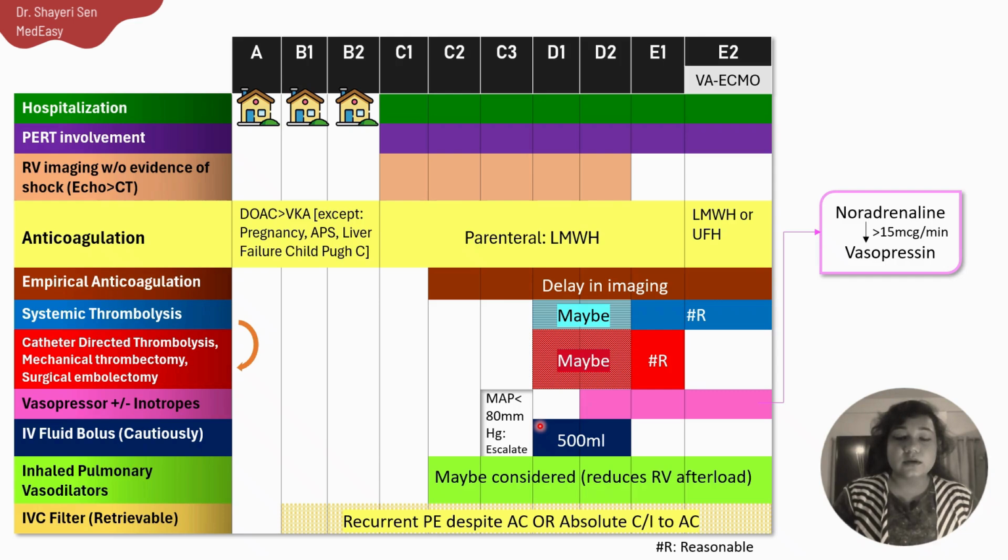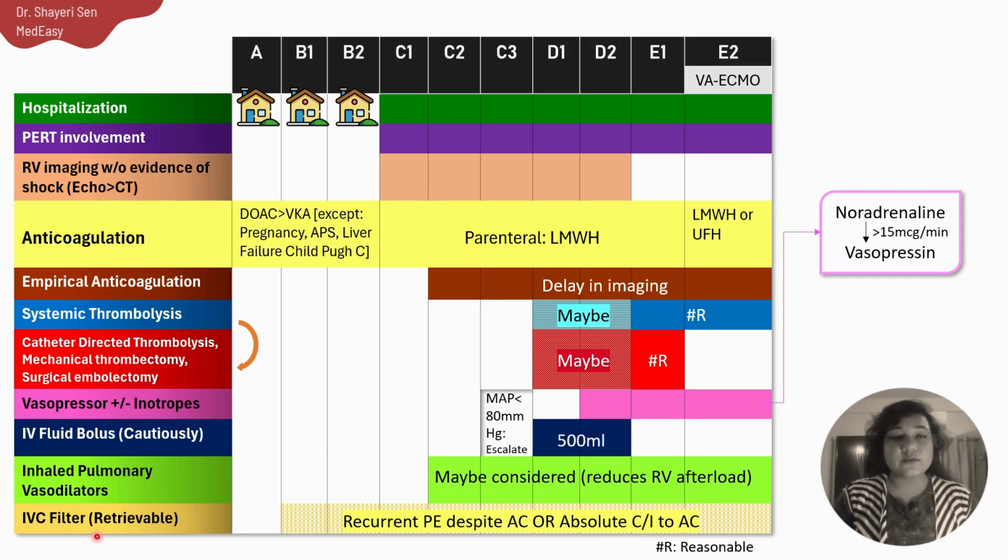And also note this, for C3 patients, we are going to monitor the MAP or the mean arterial pressure very closely, and if it drops below 80 millimeters of mercury, we are going to escalate management, right? Coming to inhaled pulmonary vasodilators, these may be considered from C2 onwards because these reduce the right ventricular afterload.